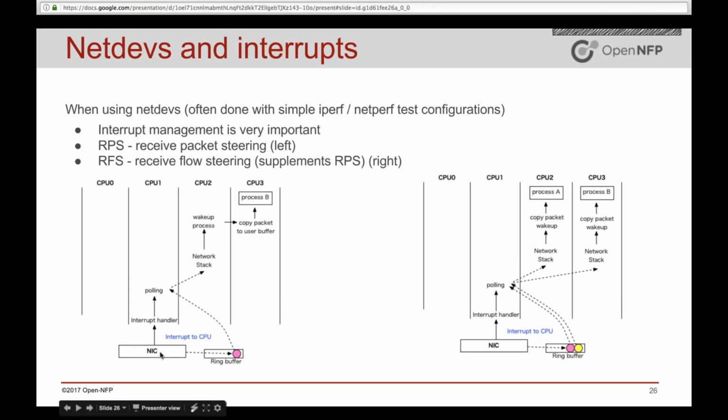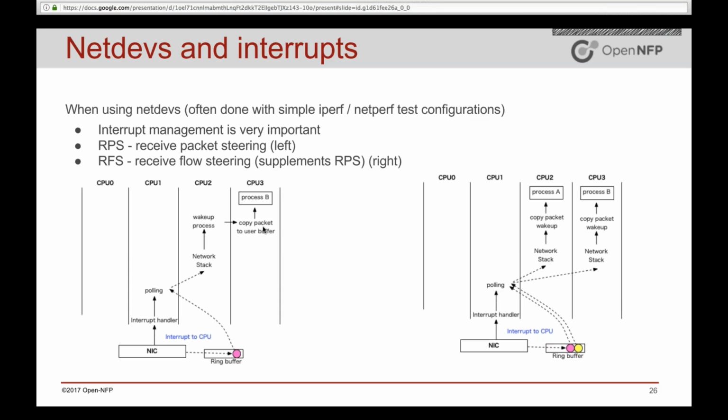where the NIC will receive a packet and put it into its buffer. The bottom half of the network interrupt handler in the kernel will take that packet and feed it to the top half of the network stack, the non-interrupt driven part of the network stack. And then that network stack will determine which process, which user application it needs to go to, and will copy that packet to the appropriate process's buffer.